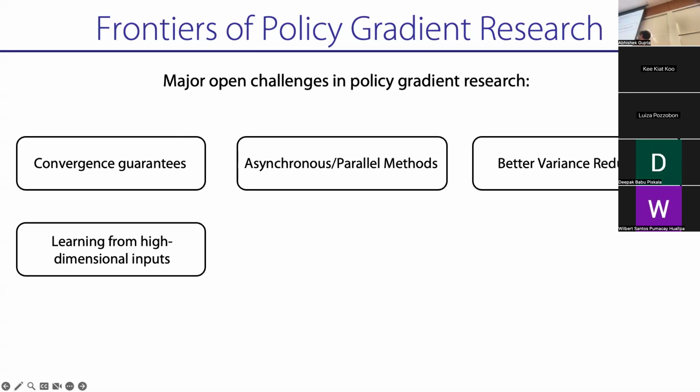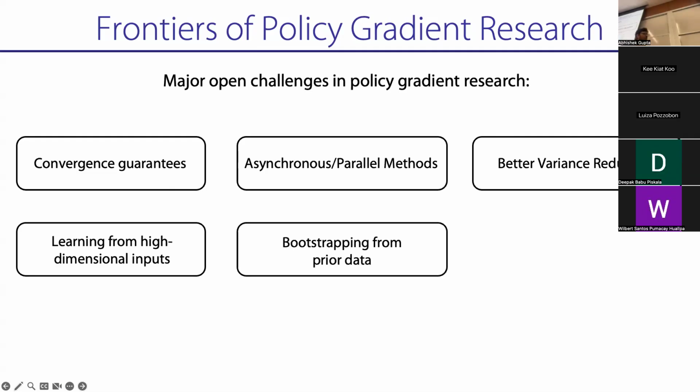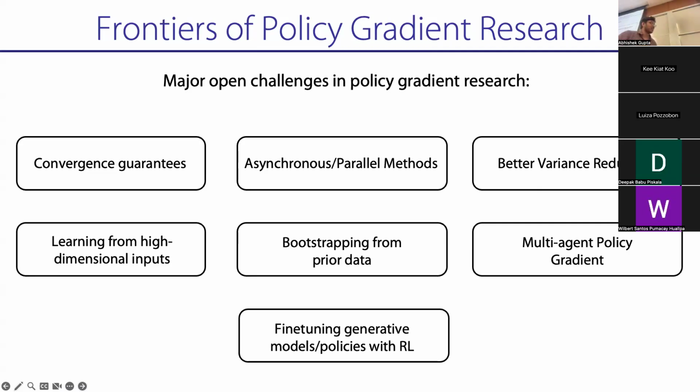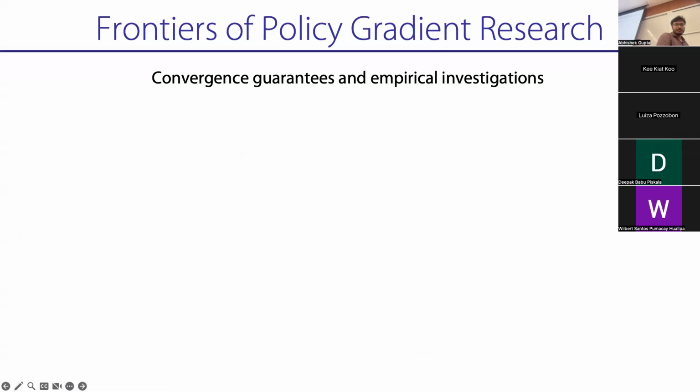Learning from images has gotten a lot better, but it's still much worse than learning from low dimensional compact state. Bootstrapping from prior data: if I had prior examples, what's the best way to use them? Multi-agent policy gradient: there are still lots of open questions in multi-agent RL. And lastly, something I've been looking at a bit is how do you fine tune generative models like diffusion where you don't have likelihoods available? Maybe let's touch on a few of these and why they're interesting.